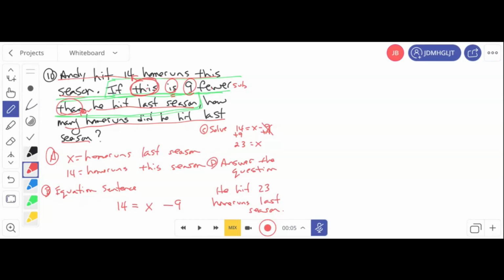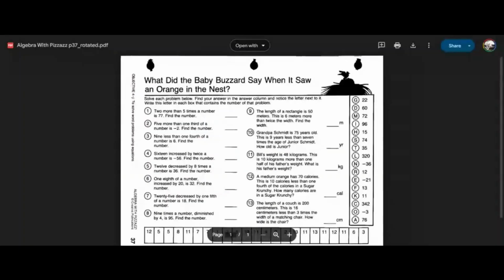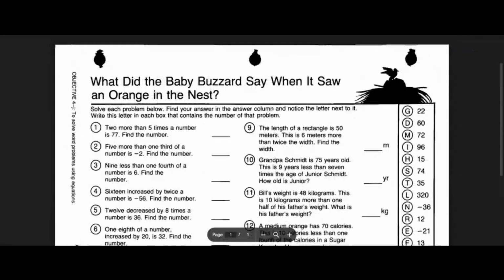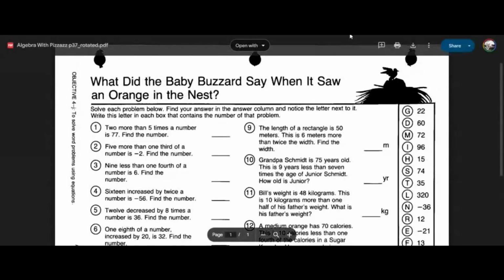Okay. Now I want to move to a different sheet. So let me pull up. Same type of problems, but now they get a tad bit more complicated. So we have to be a little more careful.